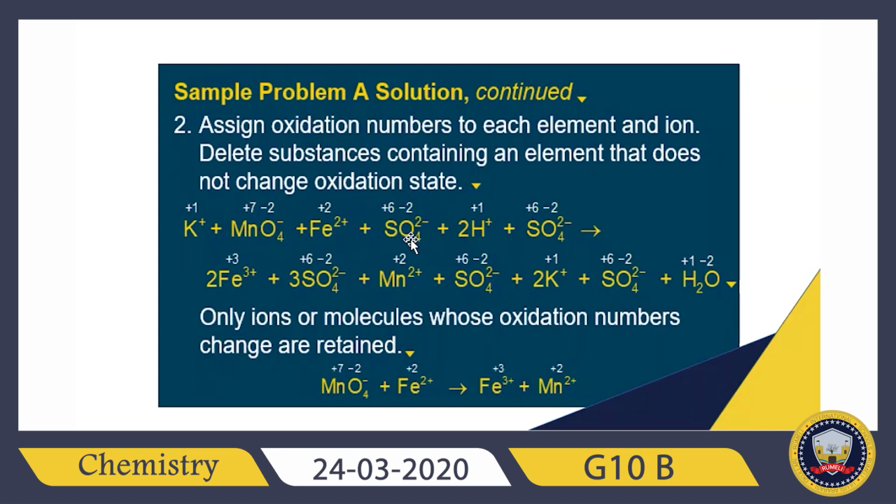For this sulfate, guys, again the same rule. I think it was rule number 8 or 9. Again, here we have an ionic compound, and the charge here is -2. So the sum of all the oxidation numbers of the atoms here should be equal to -2.